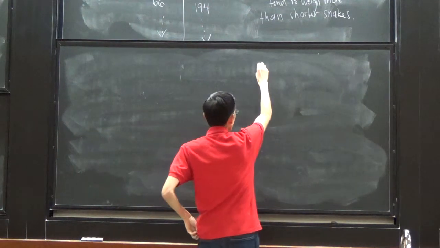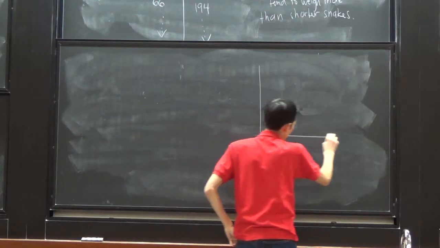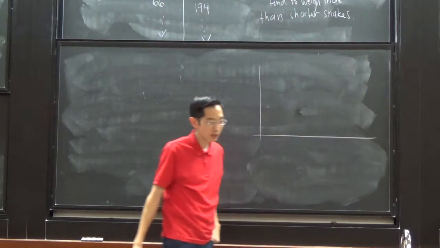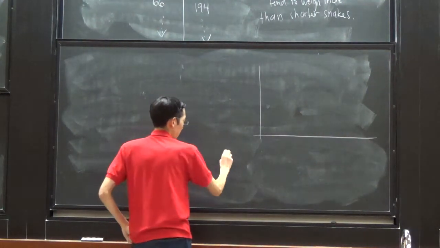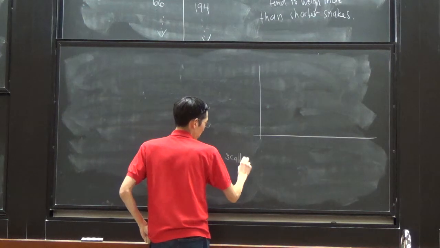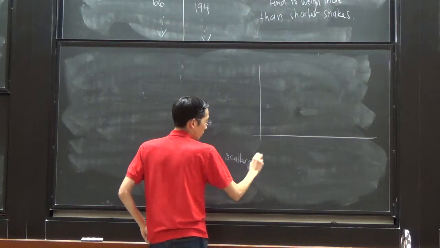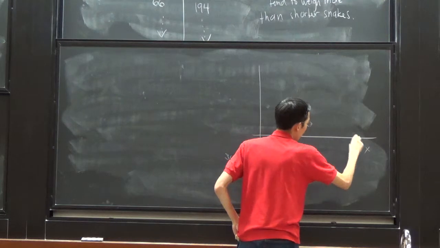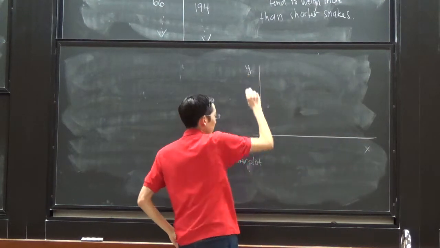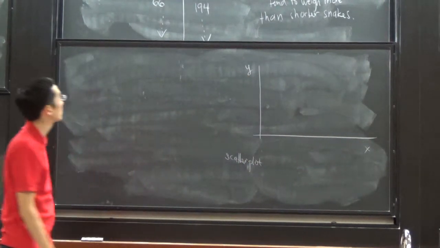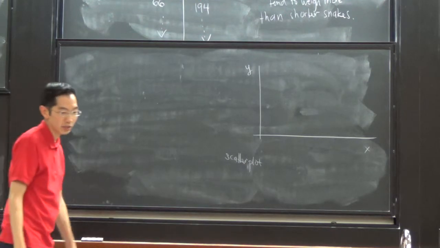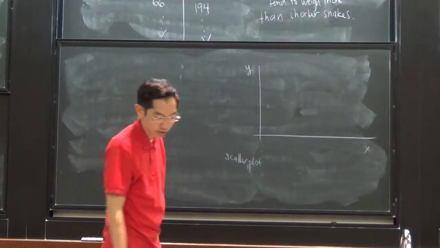A basic tool for exploring relationships between numeric variables is the scatter plot. A scatter plot has an x-axis and a y-axis, and we just plot numbers on these axes.